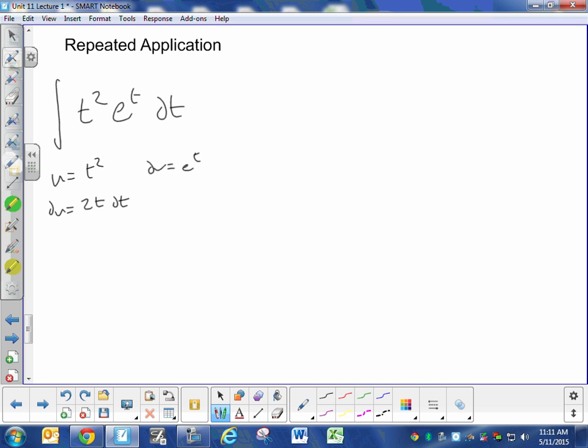Yep, 2t dt. The antiderivative of e to the t is just e to the t. Okay, well, we rewrite this as uv minus the antiderivative of v du.